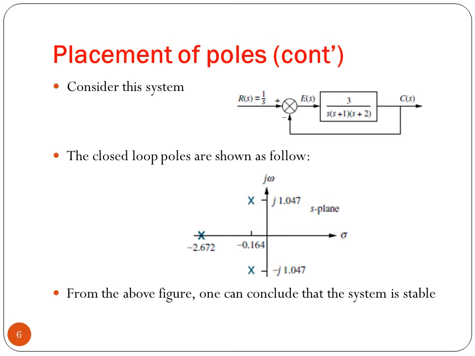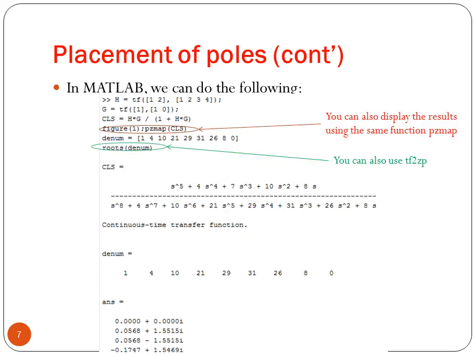We calculate first the closed loop transfer function, and based on it we can determine that we have three poles: two complex conjugate poles 1 and 2, and a real pole which is equal to minus 2.672. The two complex conjugate poles have a negative real part, with value minus 0.164. So the three poles have negative real parts, thus the system is stable.